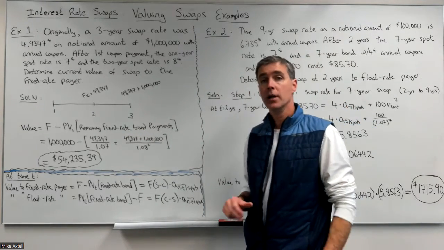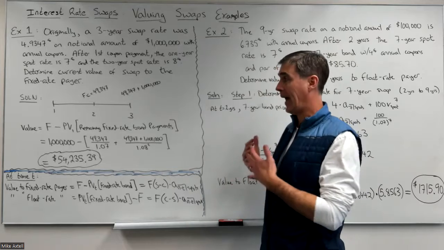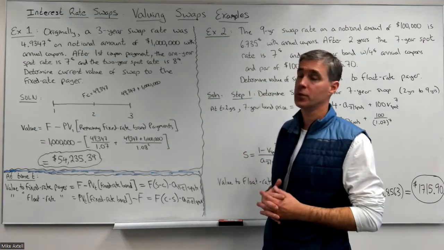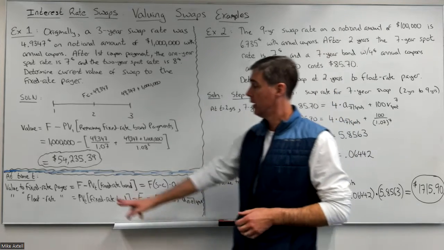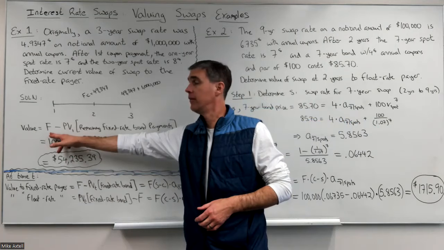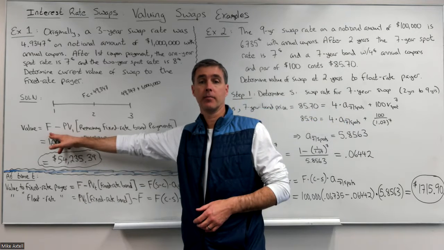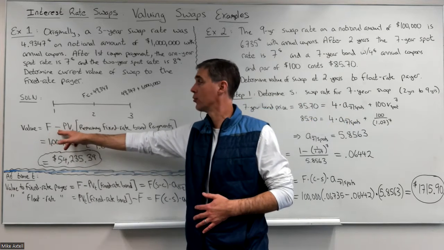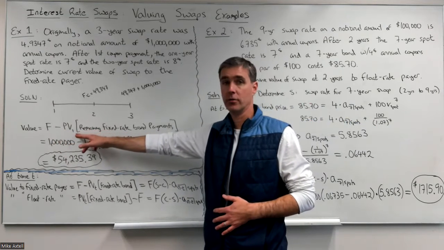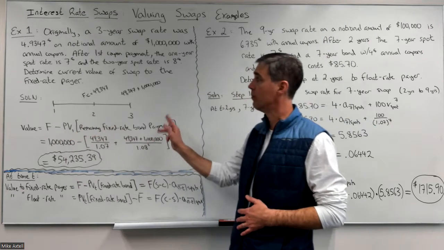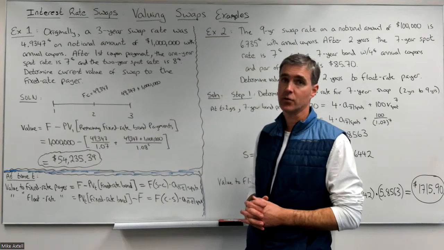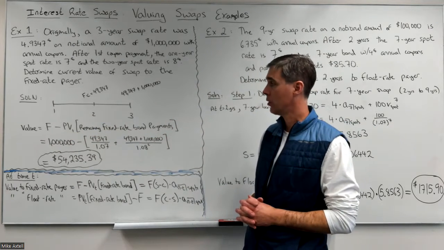All right. So the value at time 1 to the fixed rate payer is they're going to receive the value of the float rate bond, which is always just F, and they're going to pay out the present value at time 1 of these remaining fixed rate payments. All right.